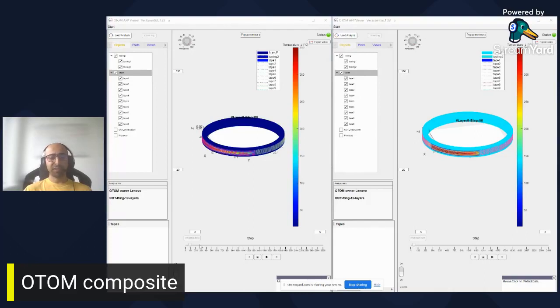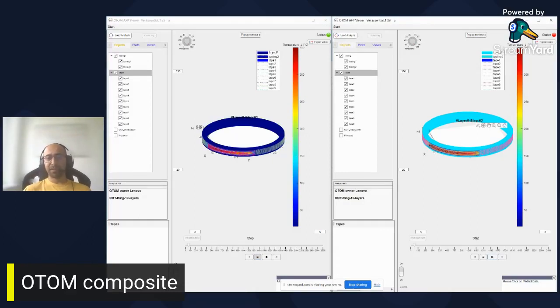If I move the slider, you will see the progress of the laying up of this structure. I could also click on play, and you will see the progress of the temperature evolution here. And also for the right side, if I click on play, you will see the evolution of temperature.